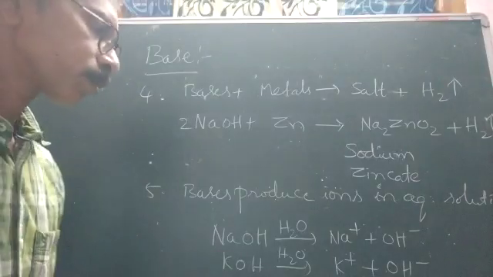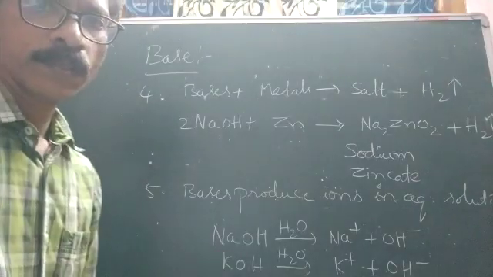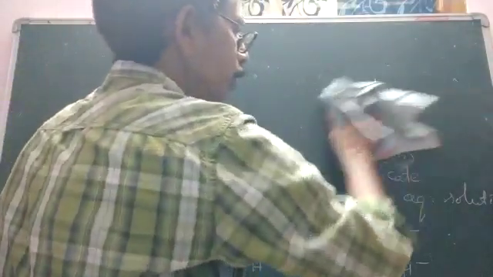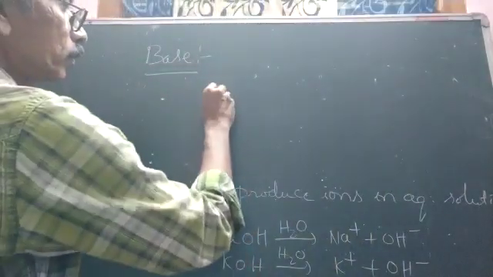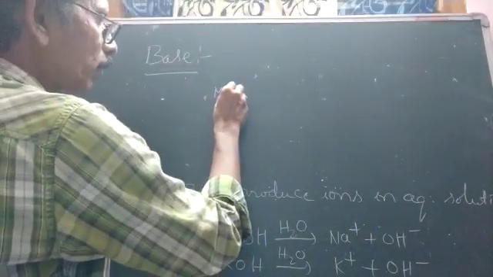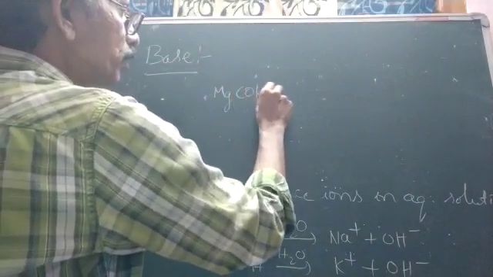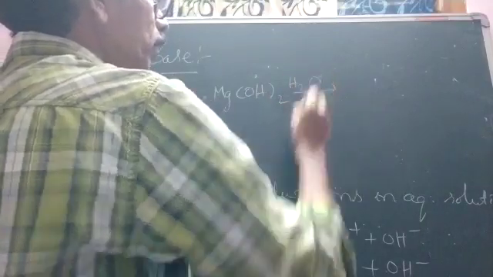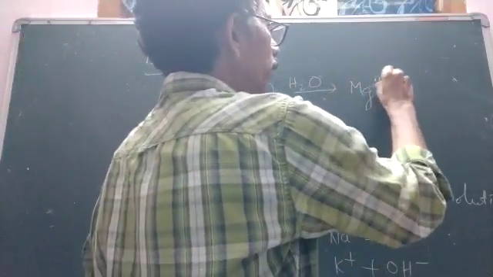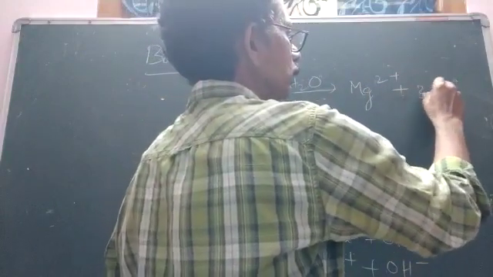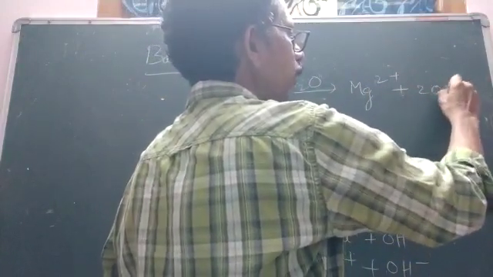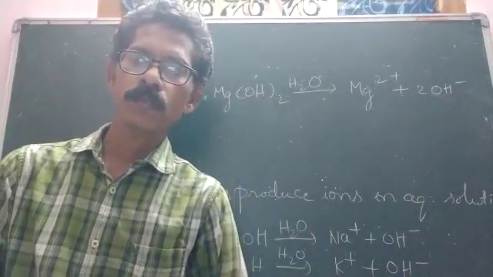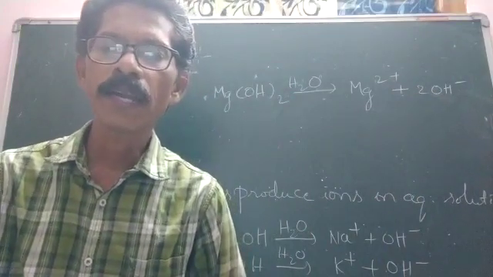Like that, magnesium hydroxide, Mg(OH)2, when dissolved in water forms magnesium ions plus hydroxyl ions. So bases when dissolved in water form hydroxyl ions.